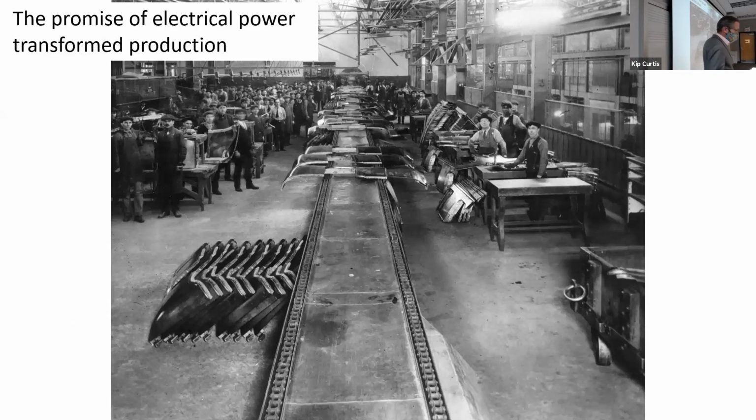So we're looking at Henry Ford's Model T assembly line. Electricity made the assembly line possible, right? It's the electrification itself, right? Because electricity can run from one single generator out on multiple wires.